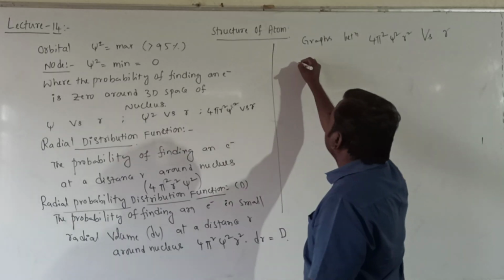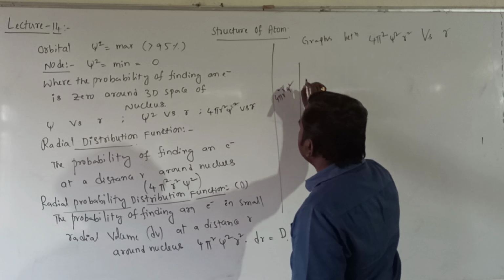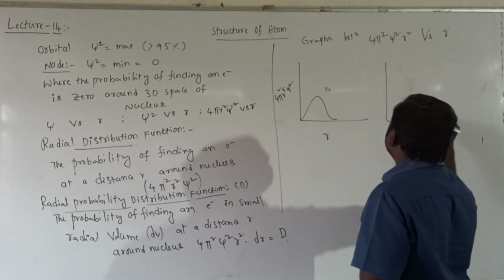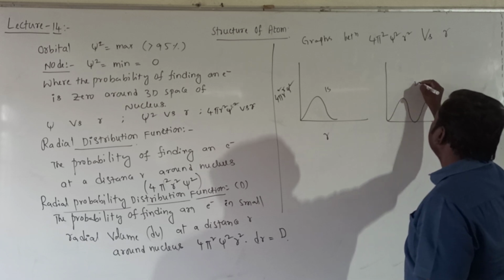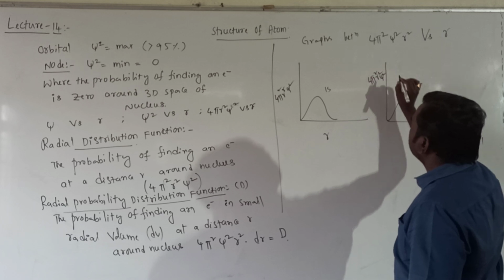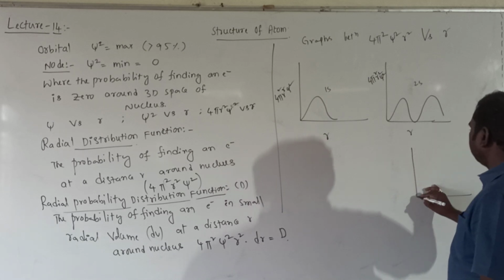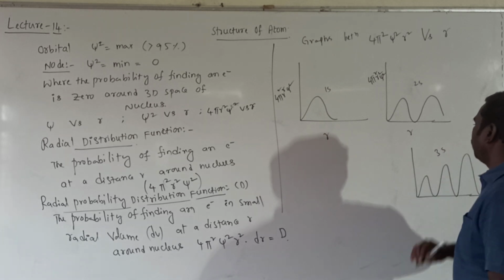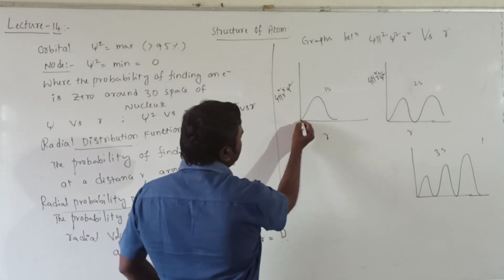So for the 1s orbital, this is 4 pi r square psi square versus r. Next it is for the 2s orbital, and another one is for the 3s orbital. These are the 1s, 2s, 3s orbitals. This is the nucleus.